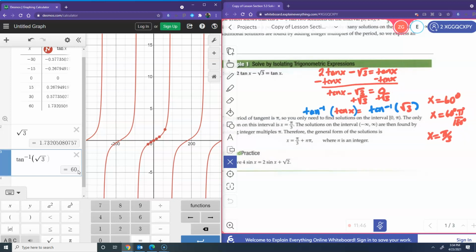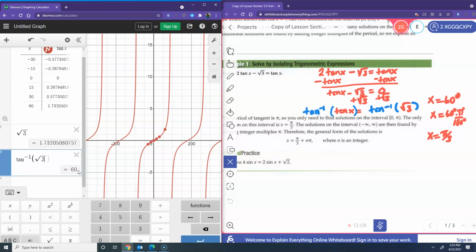Now, since tangent has a period of pi, you know that it's going to repeat. So the answer doesn't only occur at 60 degrees, but it occurs again as the cycle repeats.